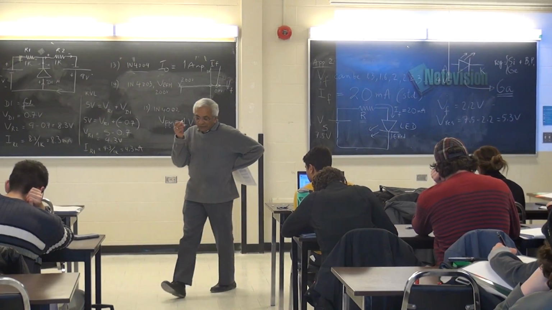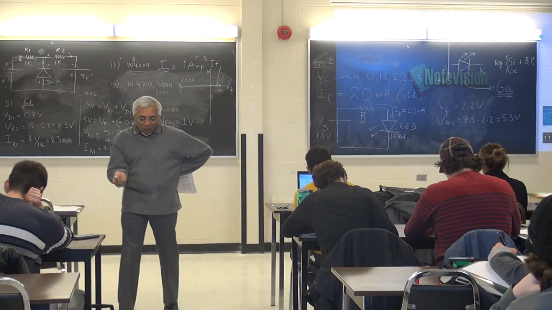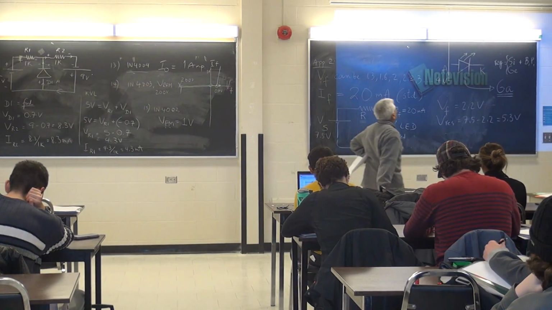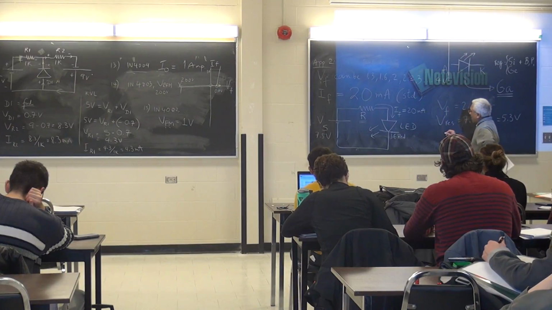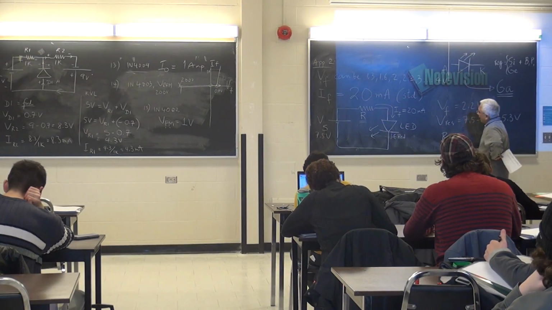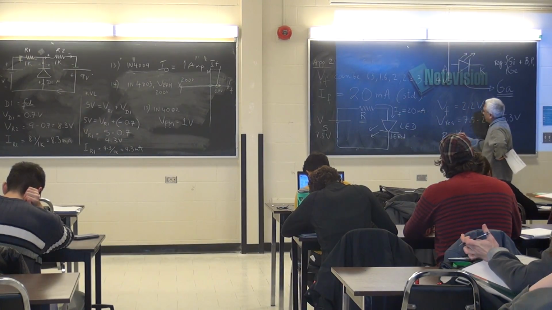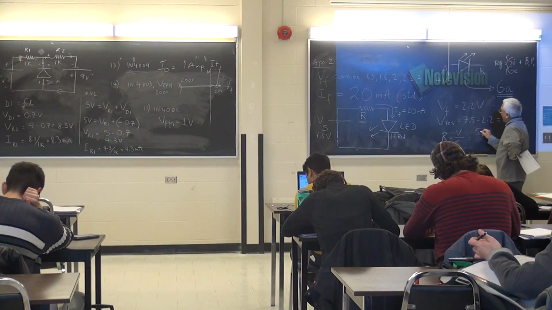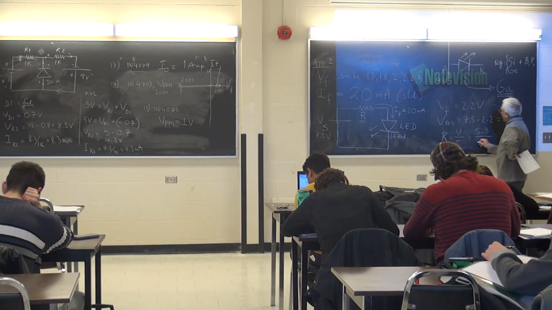I know the current that's flowing in this circuit. How much is the current? 20 milliamps. So can I calculate R given the voltage and current? Is it V over I? So is it 5.3 over 20 milliamps?